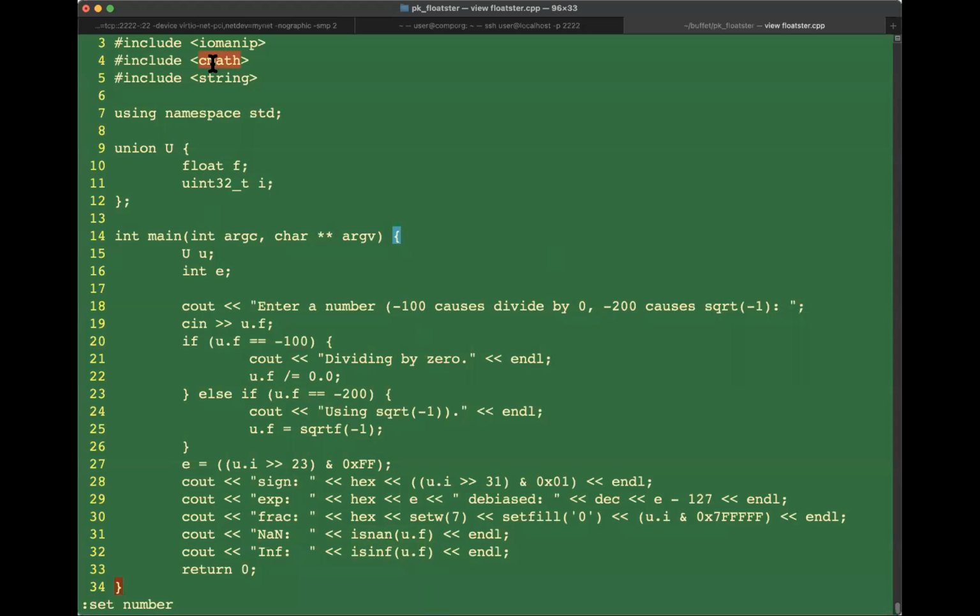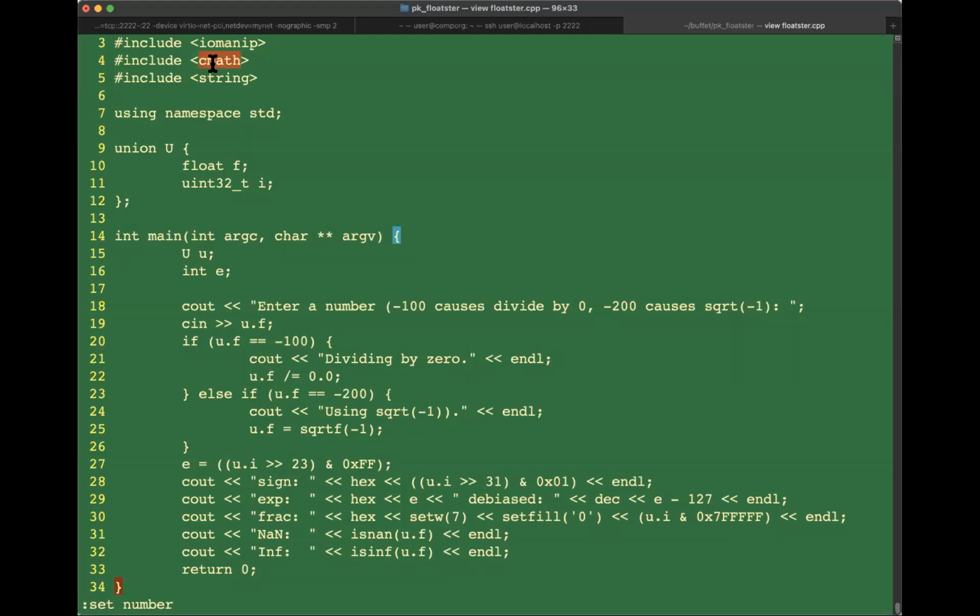You may not have seen those functions before, but they are very important, especially if you're doing floating point in a mission critical set of software. You better be checking for isnan and isinf, because otherwise the patient's going to die, the plane's going to fall out of the sky, et cetera.